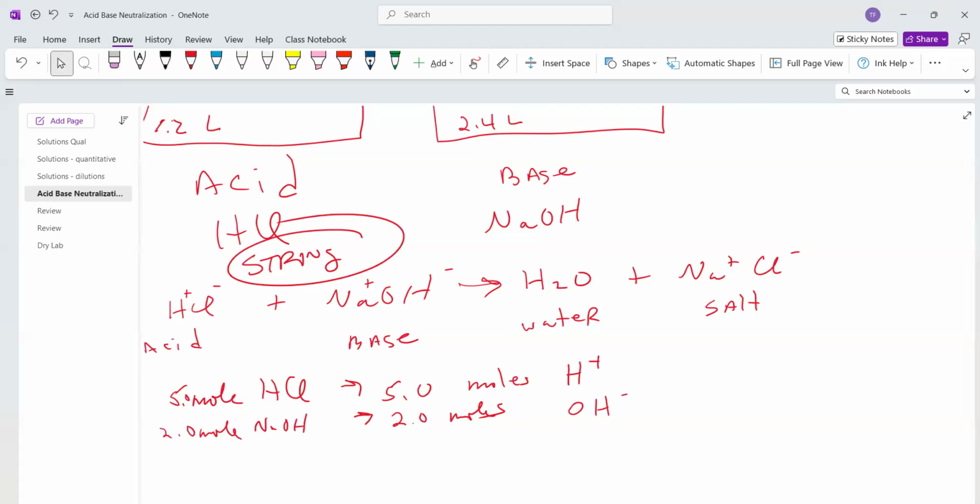Is it 1 to 1, 1 to 2, 1 to 5, 1 to 10? When you form one water, how many H's? If you want to form 1 mole of water, how many moles of acid do we combine to make that? 1, because it's 1 to 1. So we need 1 mole of H's and 1 mole of OH's to give us 1 mole of water. That's what our equation says here. 1 of this, 1 of that gives us 1 of that.